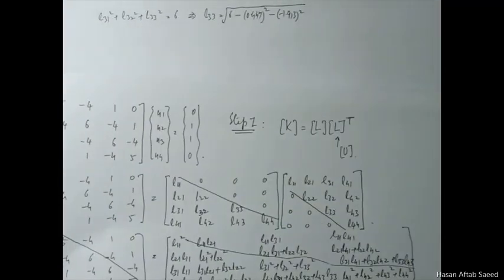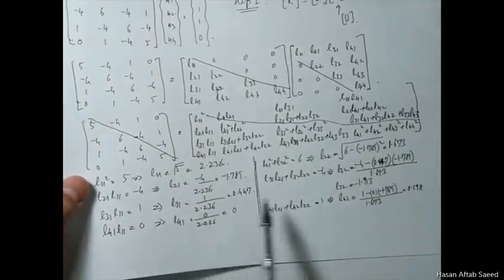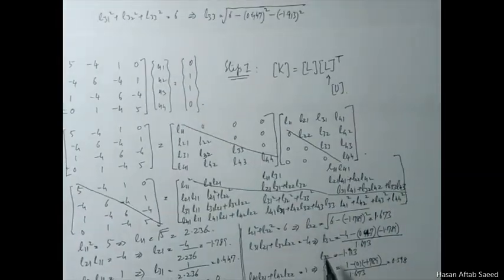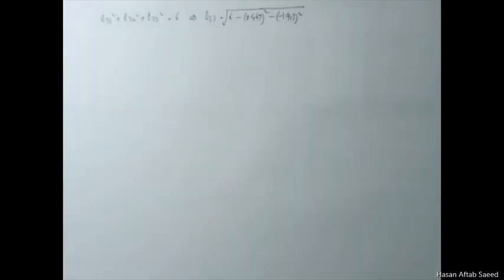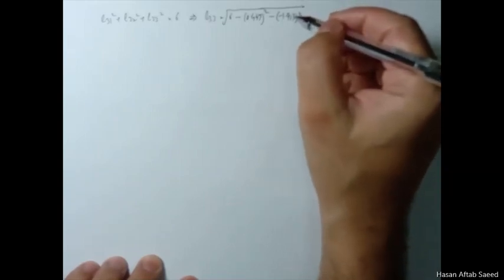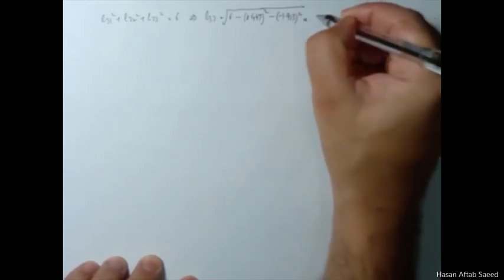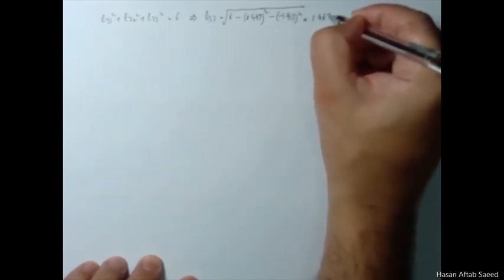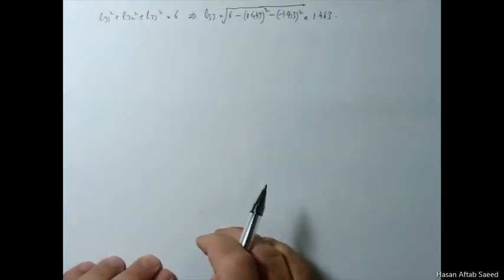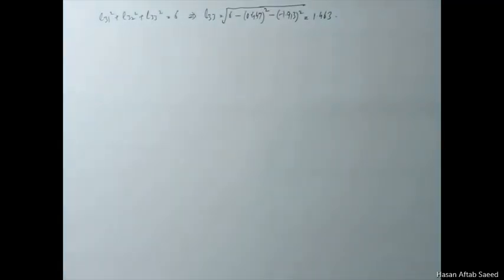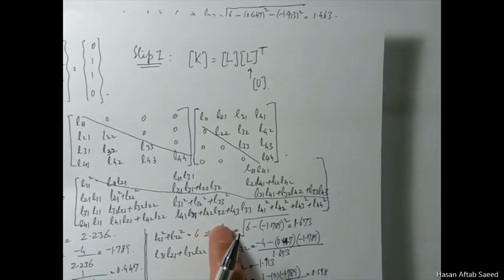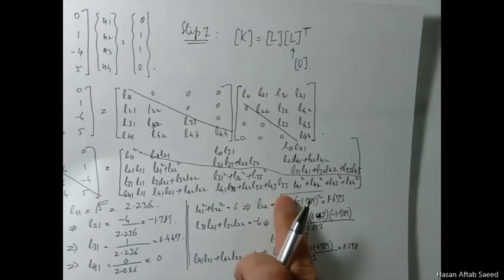This is L31 and this is L32. Simply putting in the values. As we proceed along, we can make use of the values that we have previously calculated. This turns out to be 1.463.